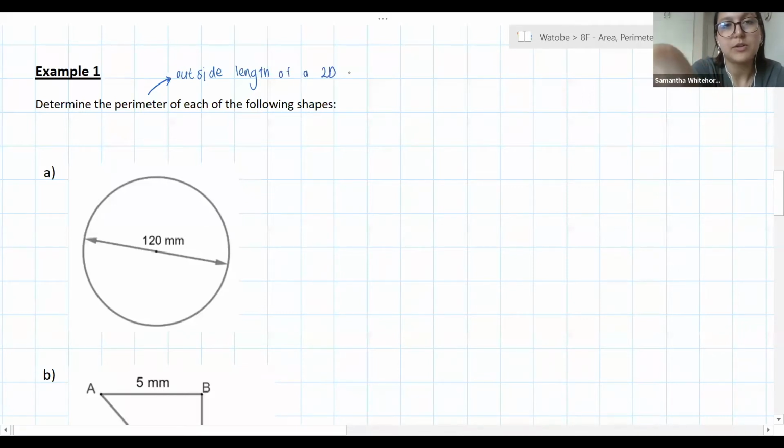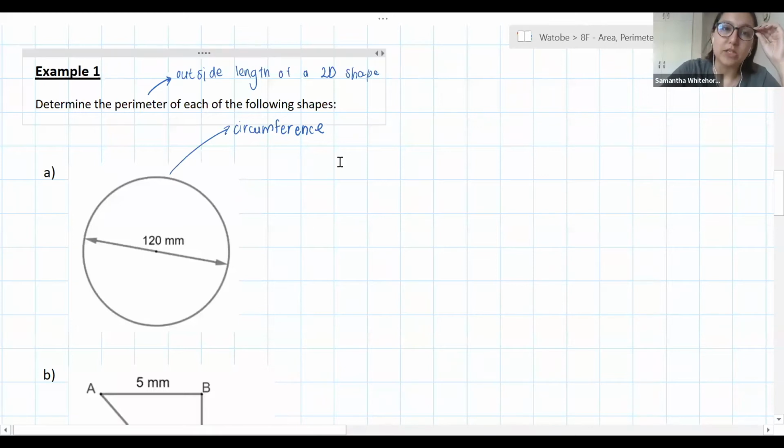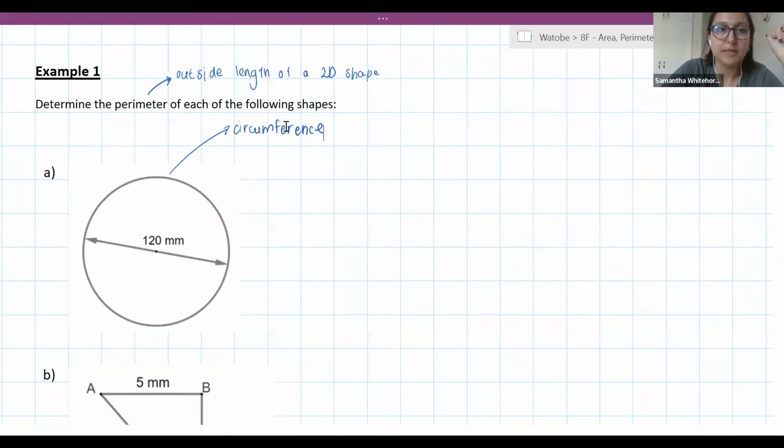Now, we also spoke about the fact that when we have circles, we have a very specific name for this perimeter. A circle's perimeter is called the circumference. This is important to know because I'm never going to ask you to determine the perimeter of a circle. We will always talk about circumference, but as long as you remember that it's the same thing, you'll have no problems.